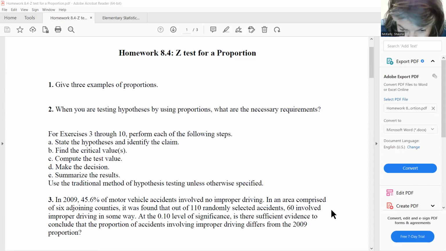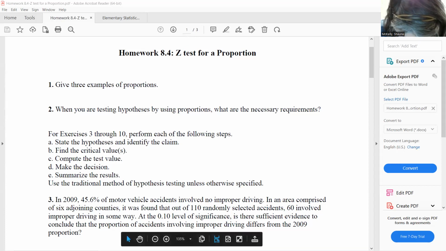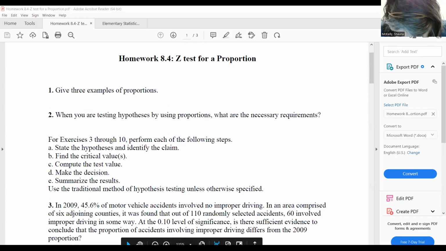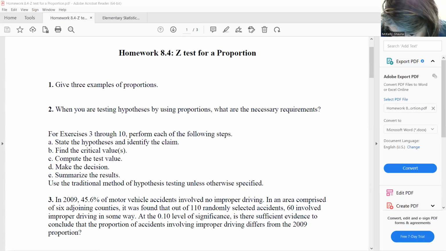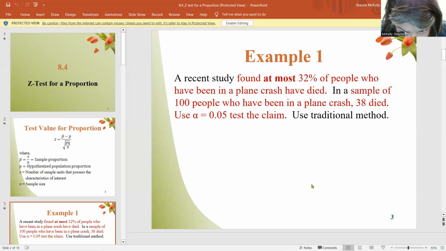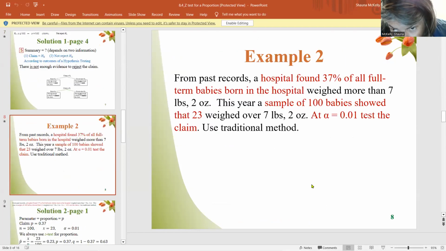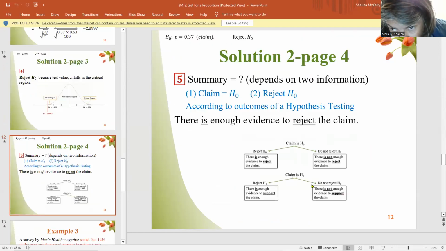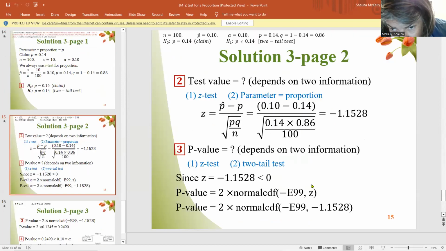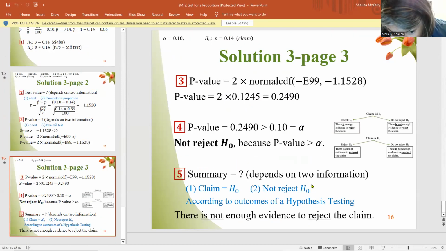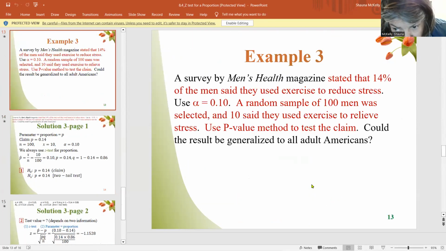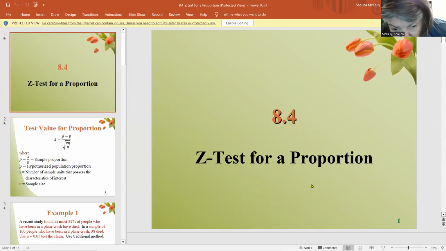The reason I'm giving you this is if you go to her PowerPoints for this, she doesn't give them to you. Normally she does, but they aren't anywhere in here. There are several examples of how to solve hypothesis testing with proportions, but she doesn't give you examples and she doesn't give you the assumptions.